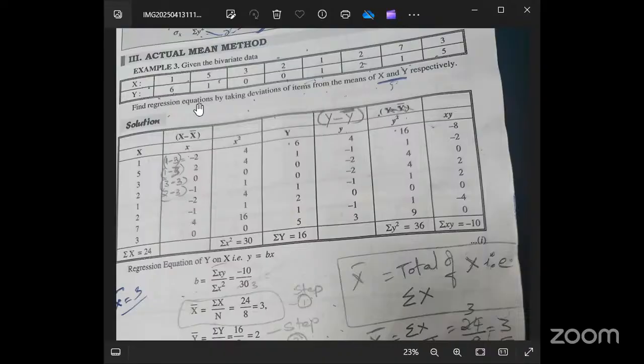We need to find the regression equation by taking deviations of items from the mean of x and y respectively. So here we need to find both regression equations, that is y on x and the other one, x on y. First we need to do the totals of x and y, and find sigma x by n and sigma y by n, so that we get x bar and y bar.